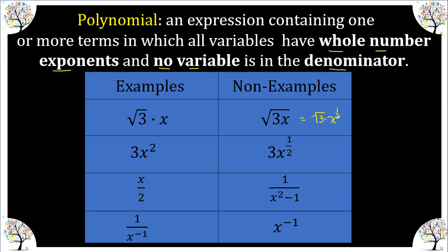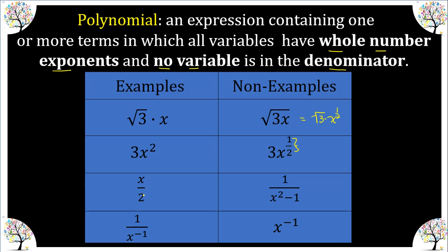And remember, your variable cannot have an exponent except a whole number to be a polynomial. Our second example, 3x squared, polynomial, but 3x to the 1/2, just like in this example, this is not a whole number, therefore this is not considered a polynomial.